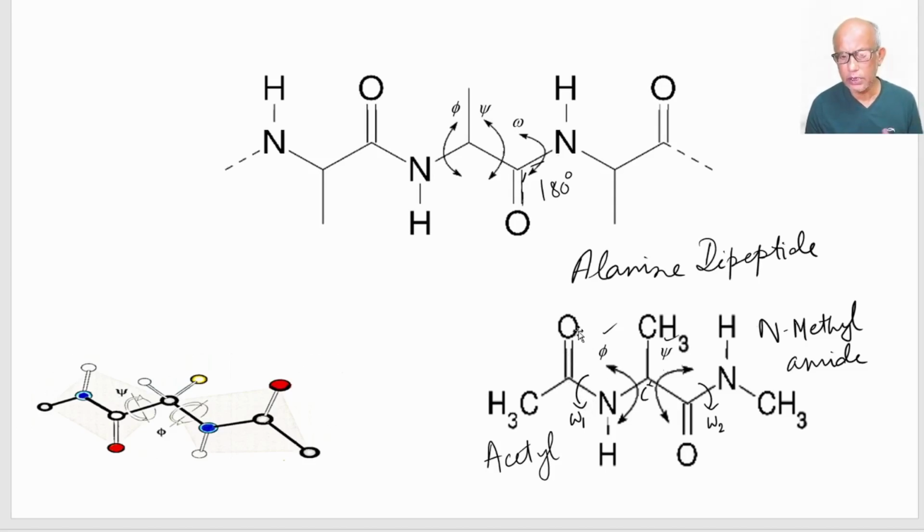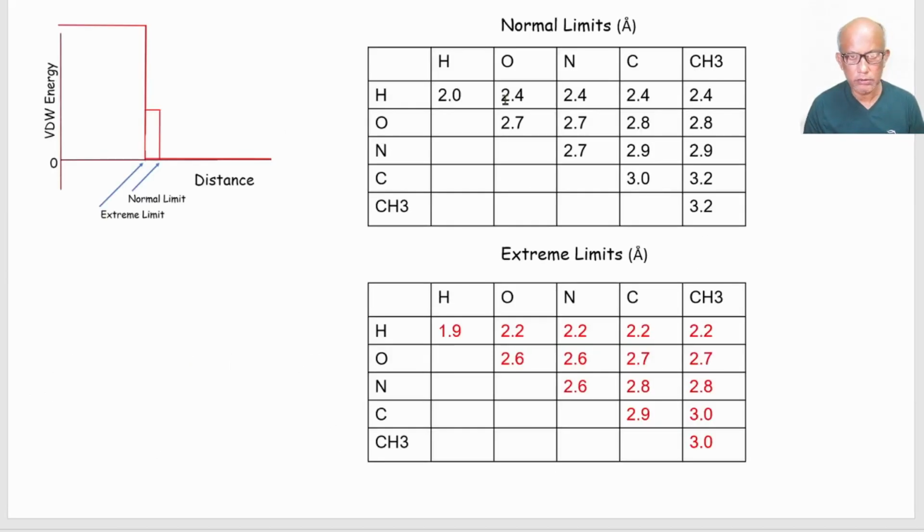Other than that, as the conformation changes, if any atom pair approaches at a distance lesser than the normal or the extreme limit, which means it comes in this region of the energy map, then he considered them disallowed.